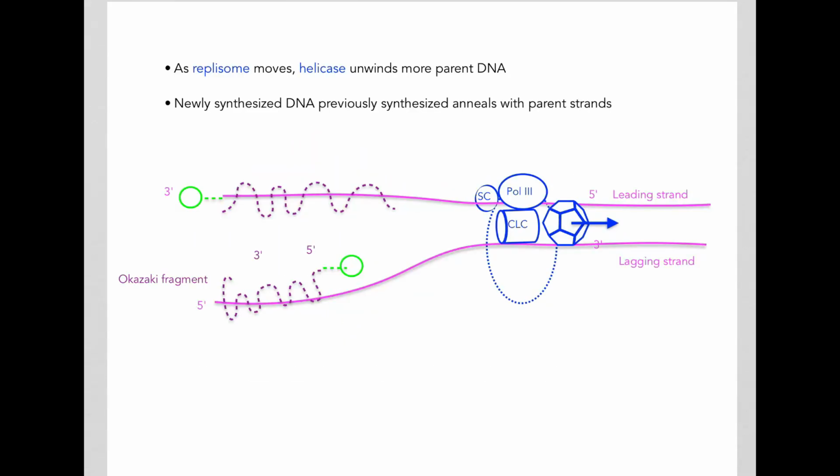As the replisome keeps on moving left to right, unwinding more and more parent strand, the previously synthesized strand will re-anneal to the parent strand to give you this duplex here, and similarly this duplex, this DNA bound to the newly synthesized DNA, hydrogen bonding to the parent strand.